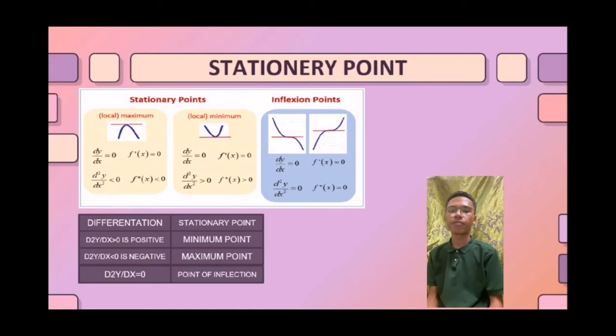And the graph for a minimum point is just like a sad face. The second one is if d square y per dx square is smaller than 0, it is negative, so it is a maximum point. For the graph, a maximum point is just like a smile. And for the inflection point, d square y per dx square is equal to 0.